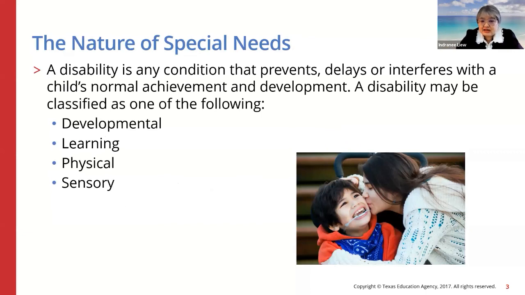Now, a disability is a condition that prevents, delays, or interferes with a child's normal achievement and normal developmental milestones. A disability can be categorized under, firstly, developmental, then learning, physical, and sensory.